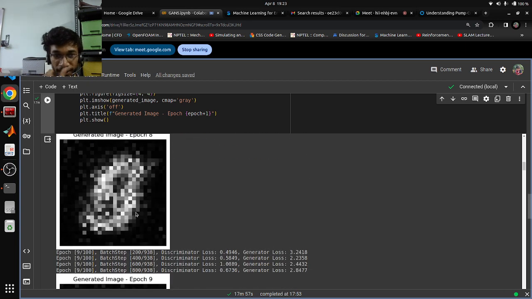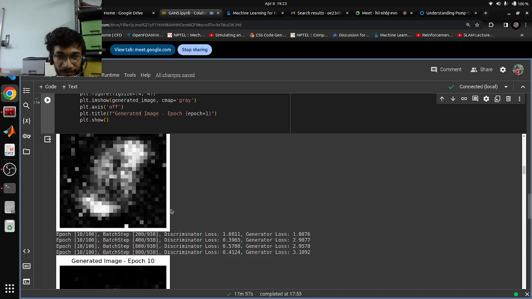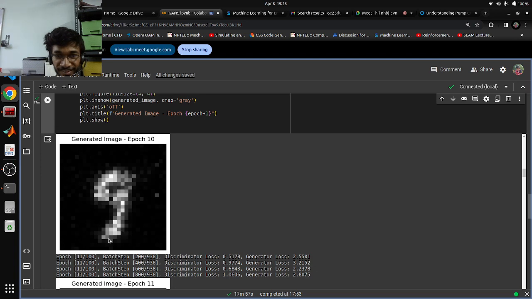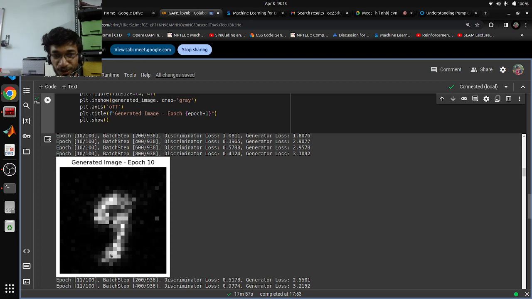Then it is slowly learning some more patterns. Here the outputs are starting to look like some edges are being introduced.